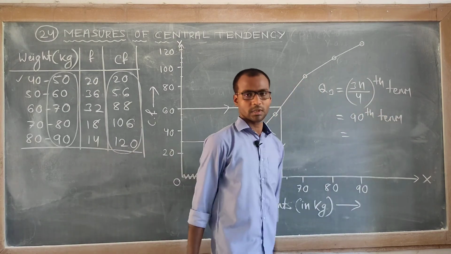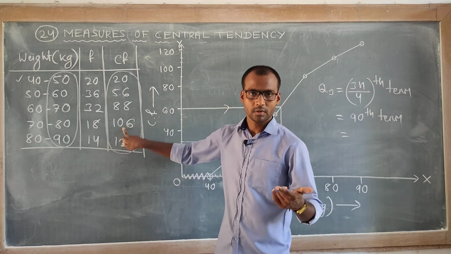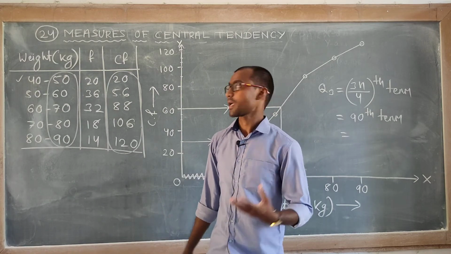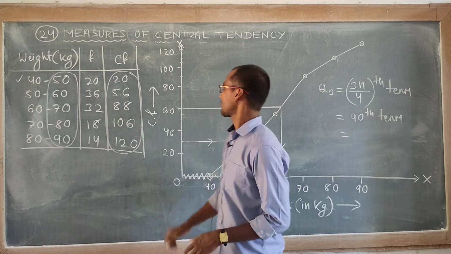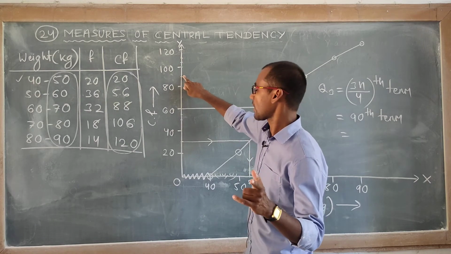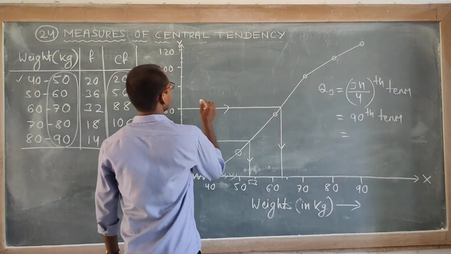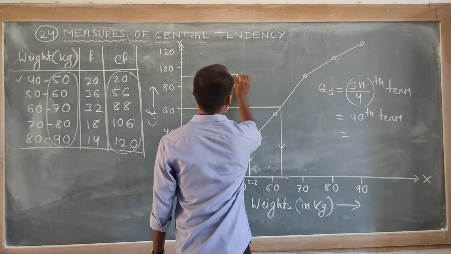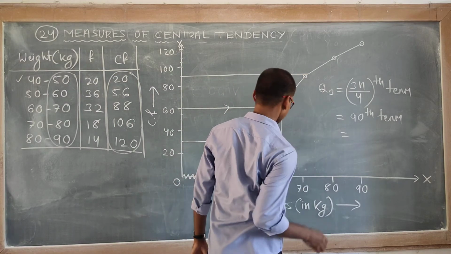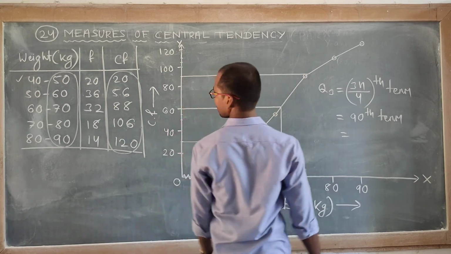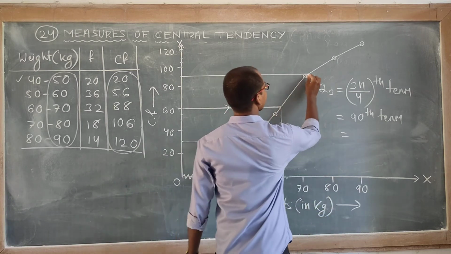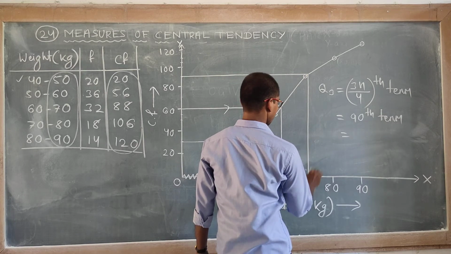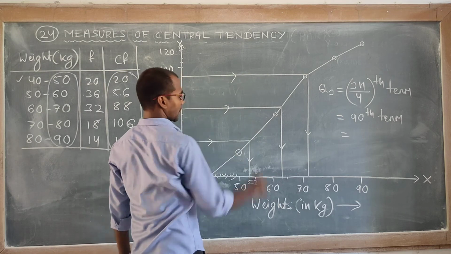The 90th term is here in the table. So his weight will be between 70 and 80, but the exact weight we cannot find from the table. You have to move to the graph paper. So the 90th term is here. This is 90. Start from the y-axis, do the same, and use a dotted line.